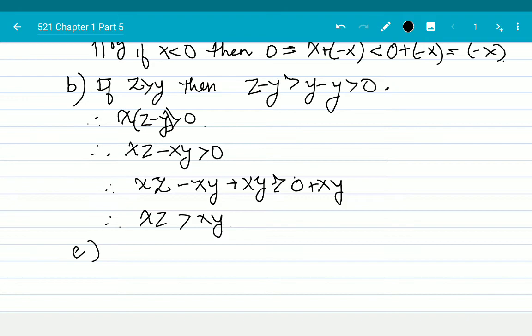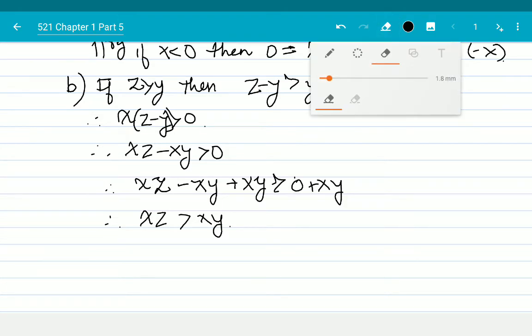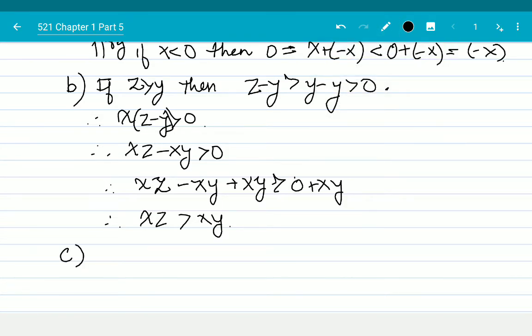Well, by part A and part, not, this looks like an E rather than a C. By part A, B, and proposition, what was this? Proposition 3C, I think.